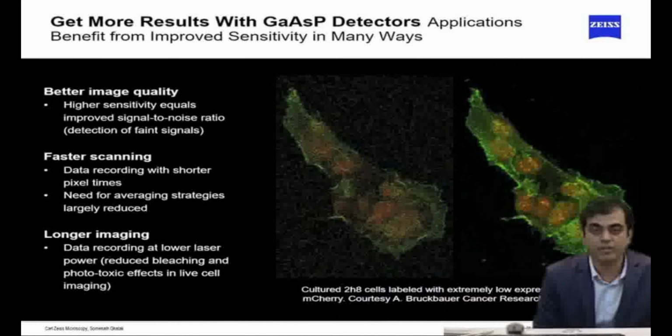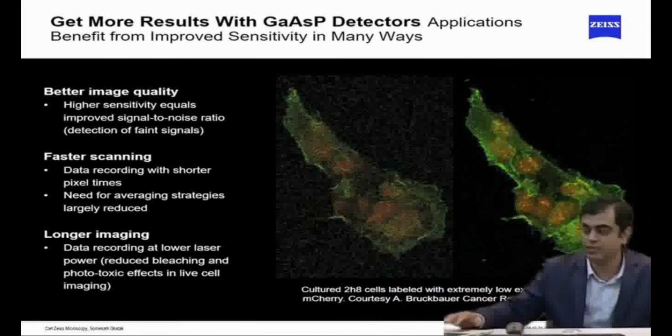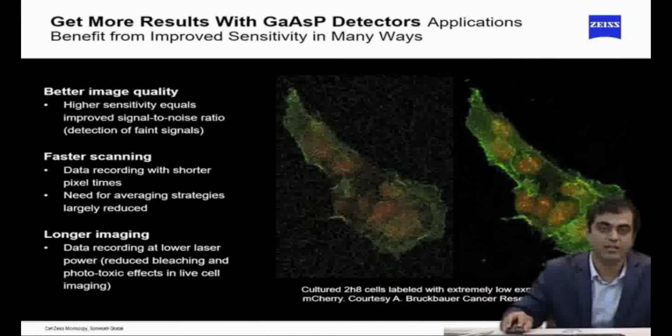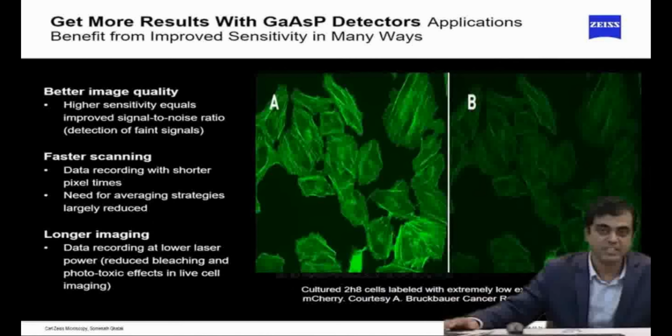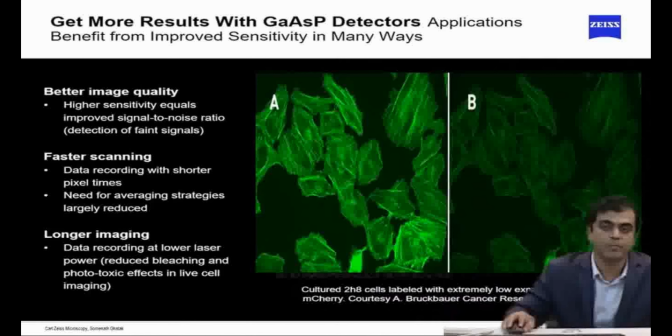To do away with that, if you use a GaAsP detector with a very low nominal laser power, you can record for a longer time without bleaching your sample. You can see here in these two comparisons the same sample acquired with a GaAsP detector over a period of time, where the signal intensity is almost constant, but with the PMT there is a loss.